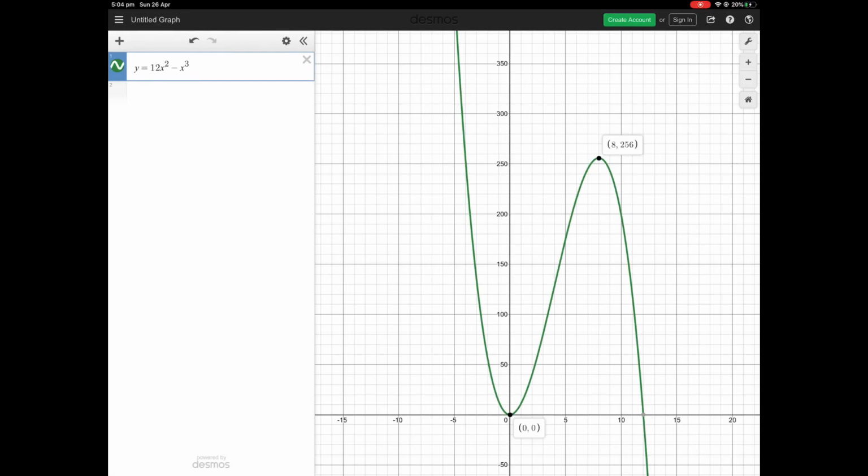At x equals 4, about here-ish, you can see that's where the happy face changes to a sad face, and that's our point of inflection. Anything to the left of this point, less than 4, would be concave up, because that's part of our smiley face. Our gradients are increasing, whereas anything to the right of 4, that's our sad face, that's our concave down, our gradient is decreasing.